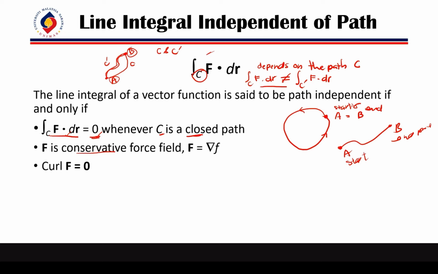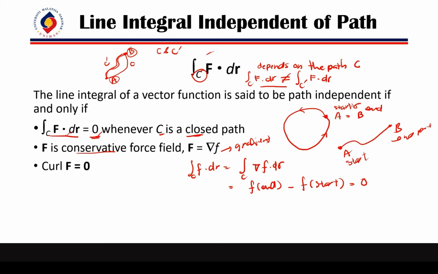F is the gradient of a function. So when we integrate, the integral over C of F dot dr is equal to the integral over C of the gradient of the function dot dr. By using the fundamental theorem, we get f end minus f start is equal to 0, right?